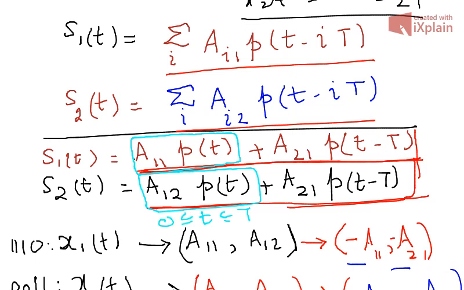In the next time interval, in the first time interval we have P of t, or you can say that you are transmitting x naught of t.